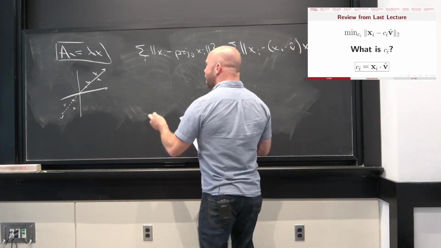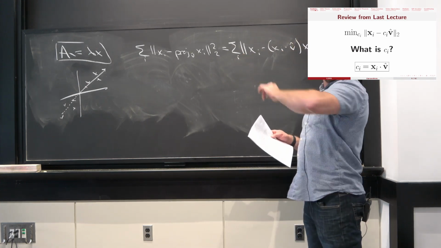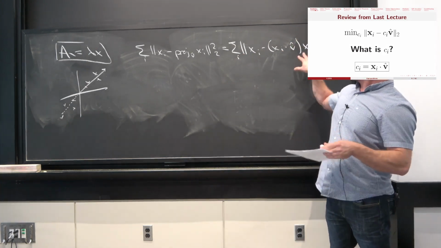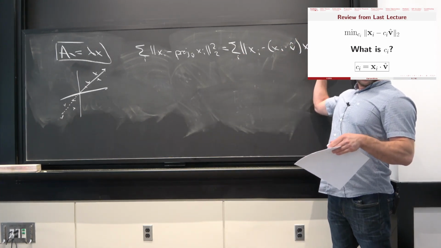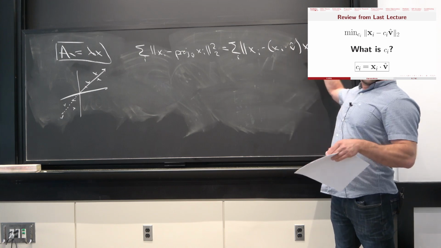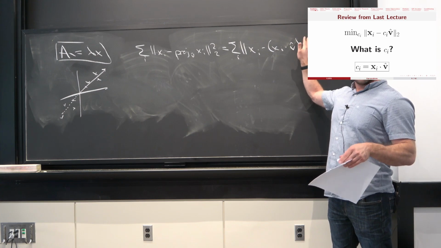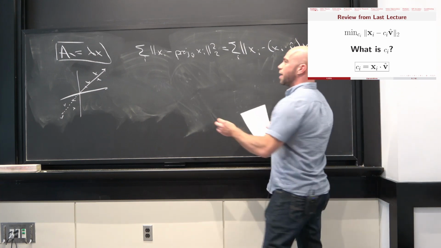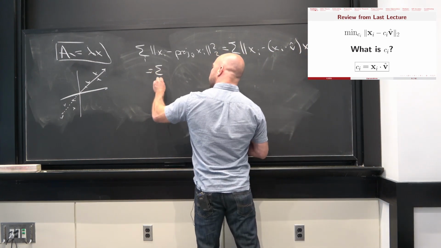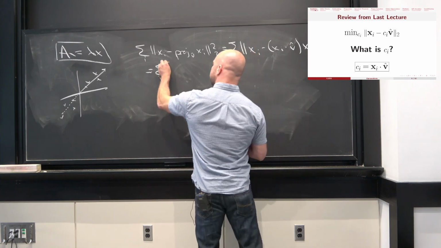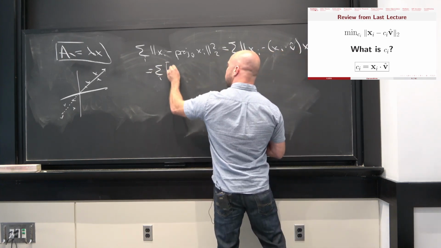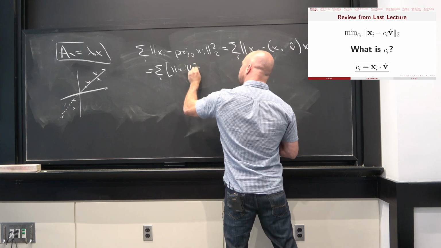Okay, so we've got this expression here. Essentially, whenever we have an expression like this with a big square on it, it is screaming out for us to expand the square. We can't help ourselves but to do that. So let's write that expression. This is equal to the sum over i of a bunch of stuff. So we've got xi squared, like that.